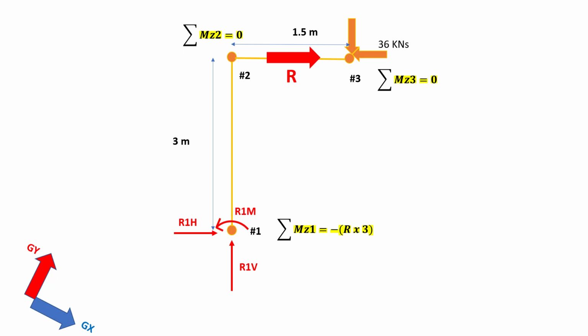That would mean that the structure won't be in equilibrium. But if the equation summation of Mz equal to 0 is satisfied for all the three nodes, then the structure is definitely in equilibrium.